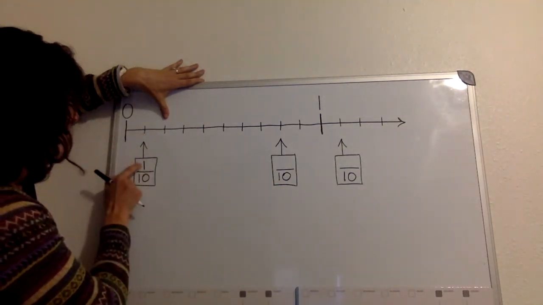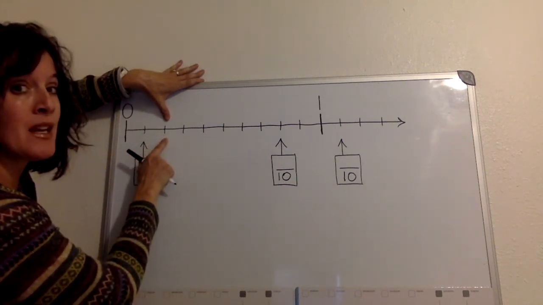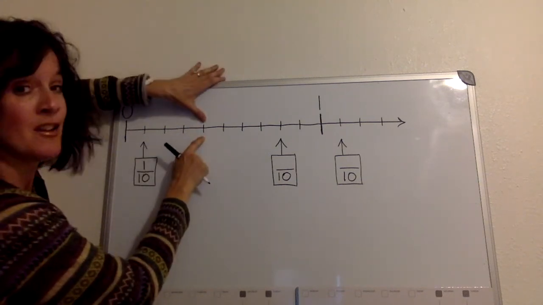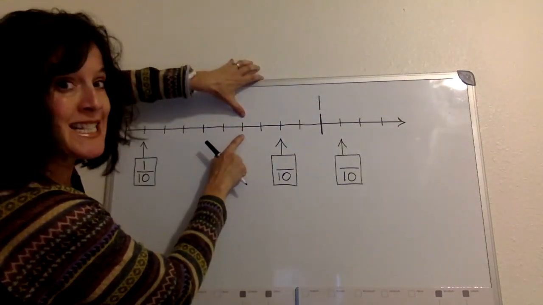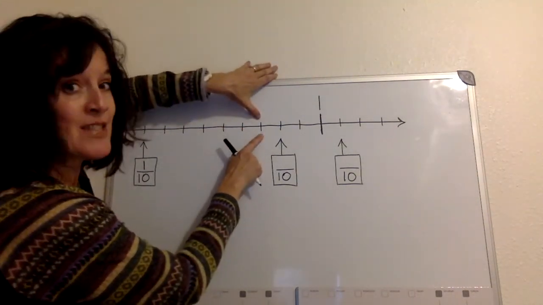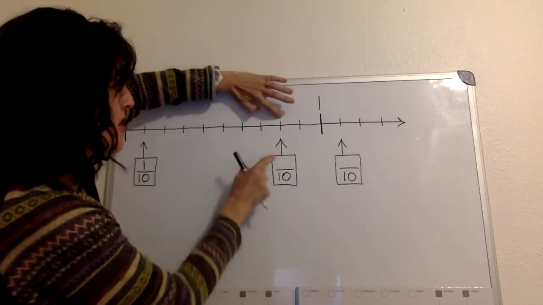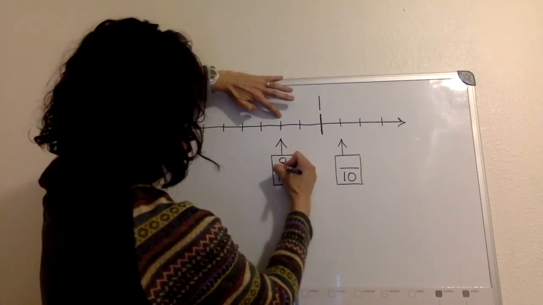So this is 1/10. This is my second tick mark, so it would be 2/10, 3/10, 4/10, 5/10, 6/10, 7/10, 8/10. That's where our next arrow is. That's going to be 8/10.